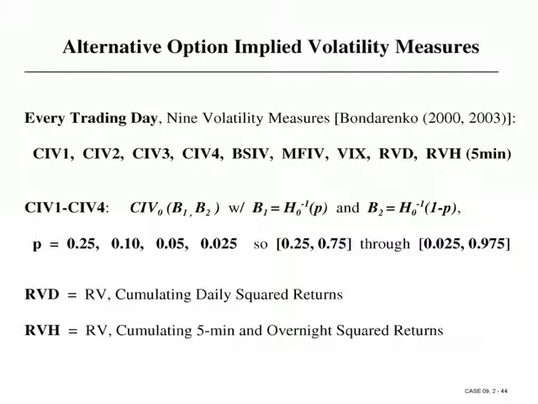And you accumulate within the trading day each 5 minutes, and then overnight you square the overnight return, because options price variance or volatility throughout the month. It doesn't just price it for the trading period. So we accumulate 5-minute returns in the trading period, and then we take the close to open squared return as well. So there's one lower frequency return that we have to add in to get a complete coverage over the month. Okay, so that's the definition of these two.